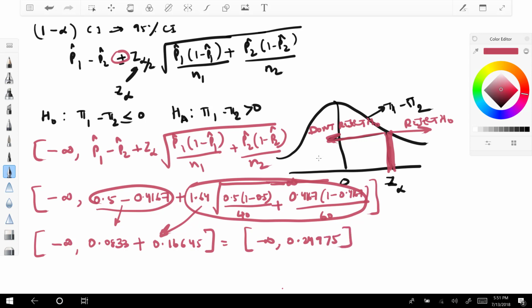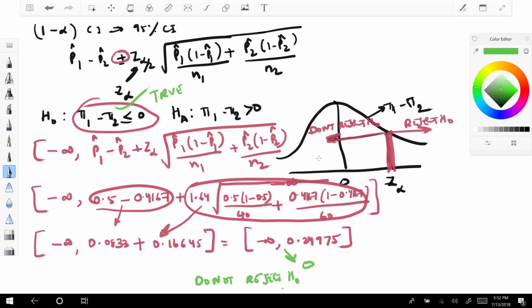Now if you see your null hypothesis, pi 1 minus pi 2 less than or equal to 0, the interval goes from negative infinity and covers 0, so this should be true. That's why we do not reject H null.